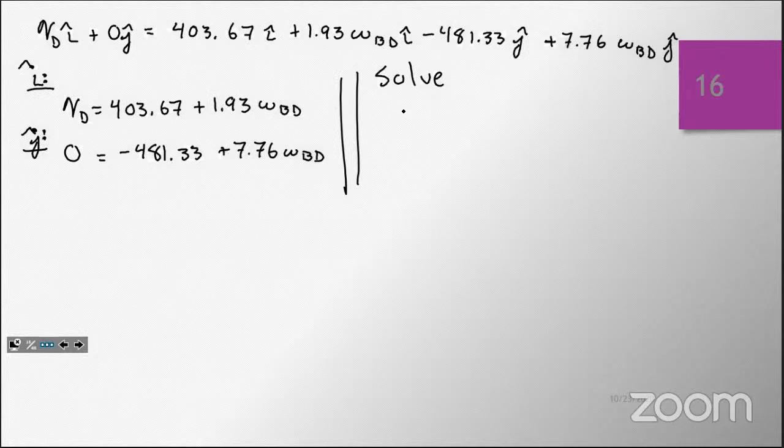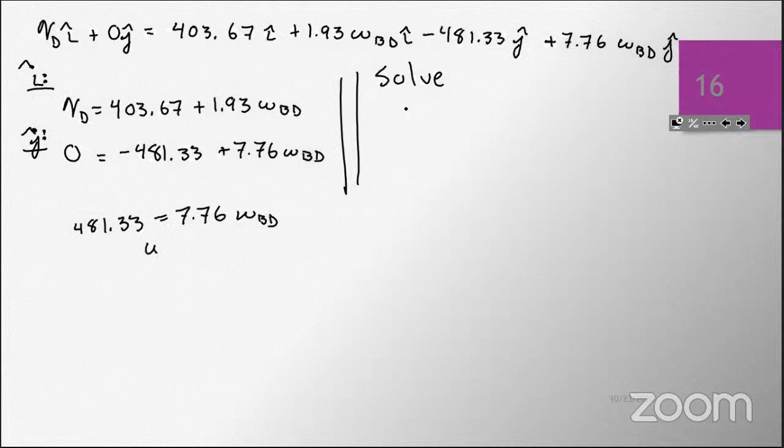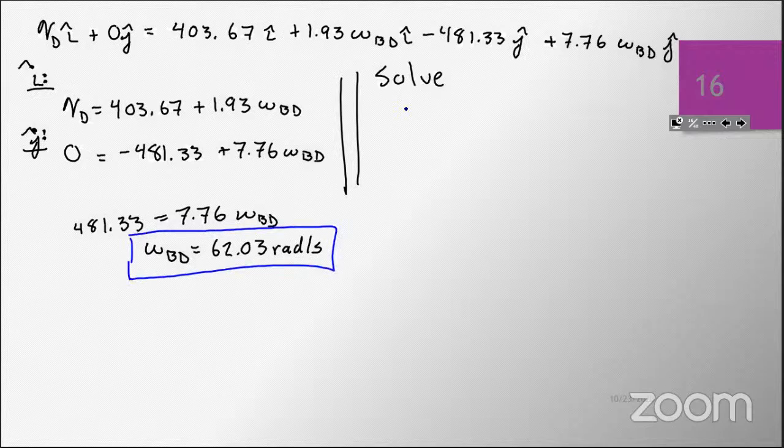I can take this J equation and say 481.33 is equal to 7.76 omega BD. And so omega BD has to equal 62.03 radians per second, which is what we're looking for.